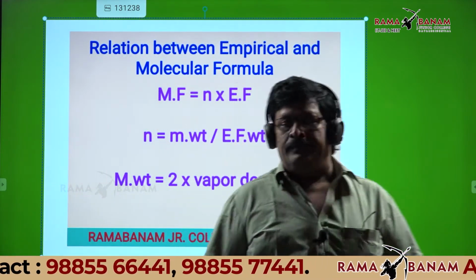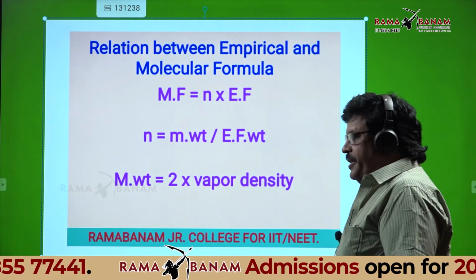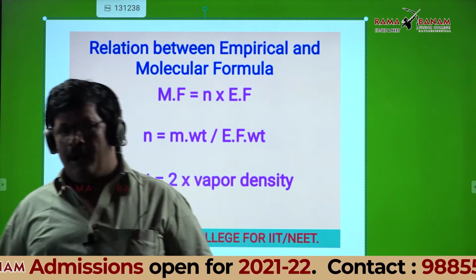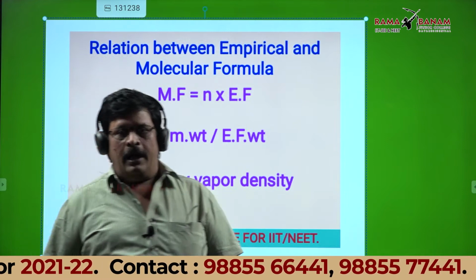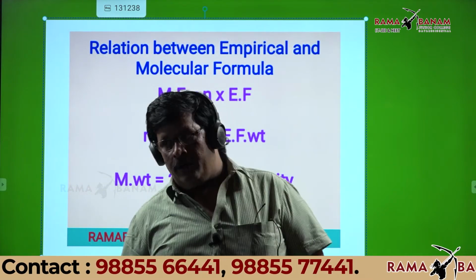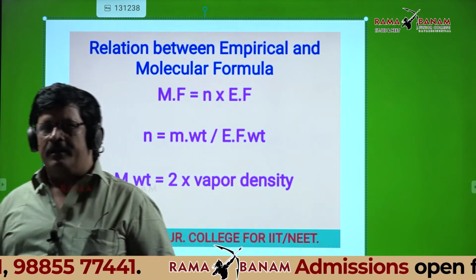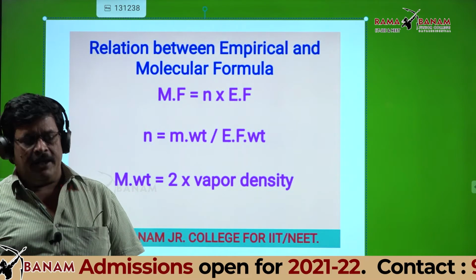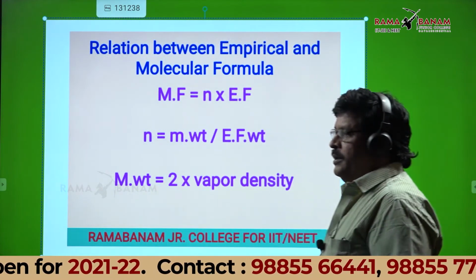N is molecular weight divided by empirical formula weight. So you should first know the empirical formula. If you can calculate the empirical formula, and they give the molecular weight, then you can find the n value. Based on that we can calculate the molecular formula. Is it okay? Yes, sir.